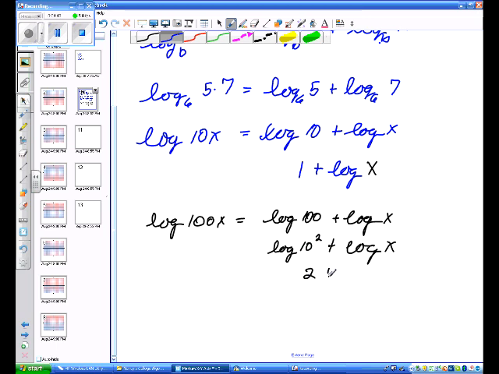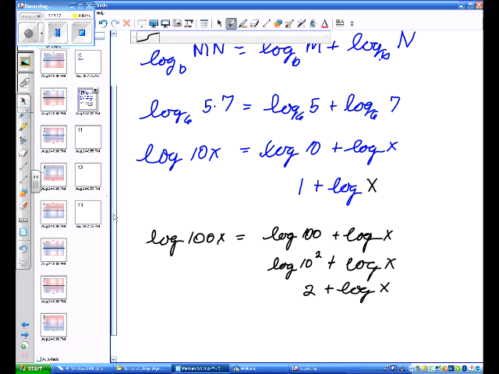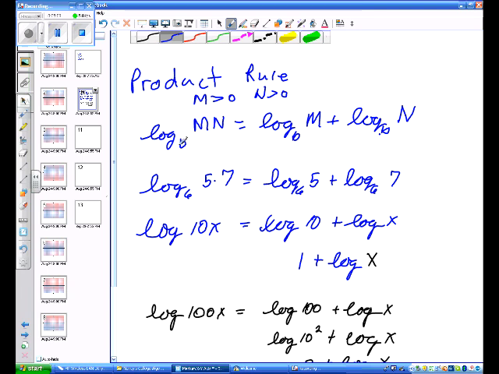So this would be 2 plus log x. And so these go back to some of those basic properties of logarithms that we looked at in the last lesson. And we can then use that to do some simplification. So that's our product rule. In the product rule, the log of a product is equal to the sums of the logs.